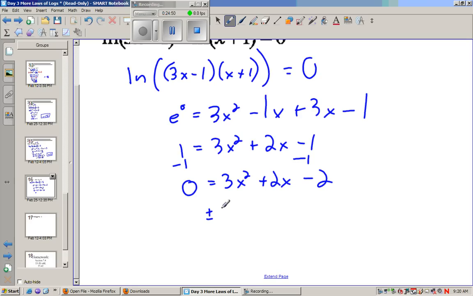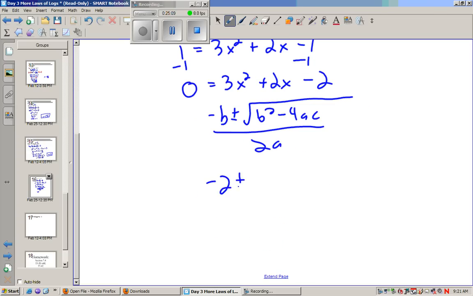So it's negative b plus or minus the square root of b squared minus 4ac, all over 2a.